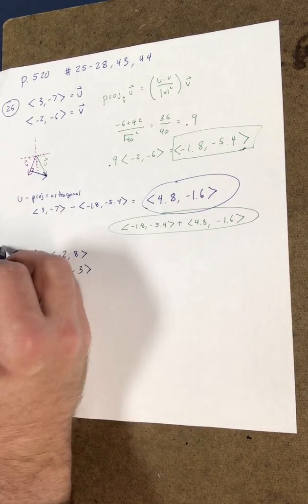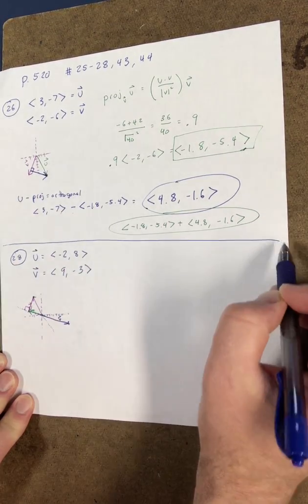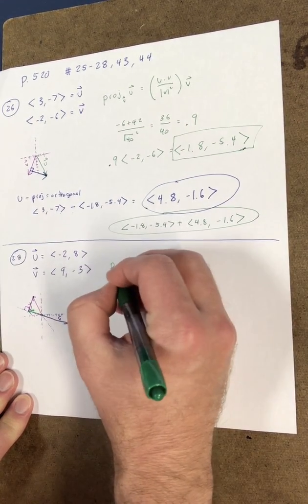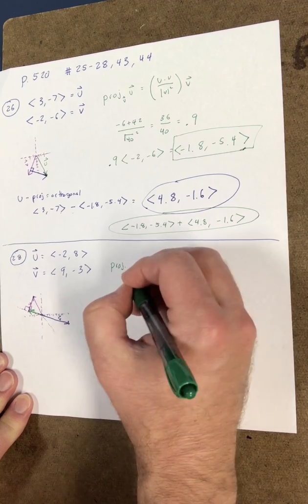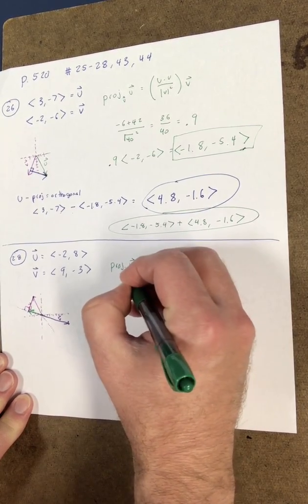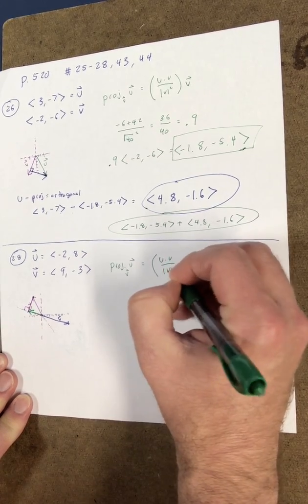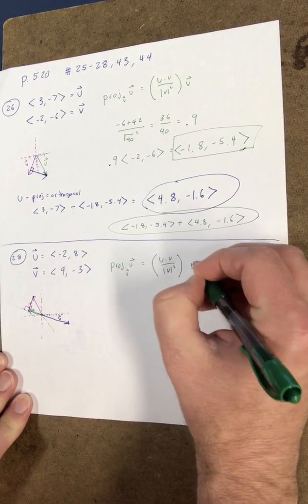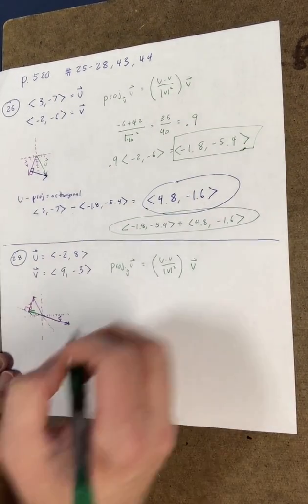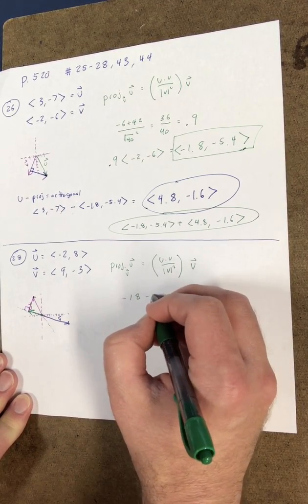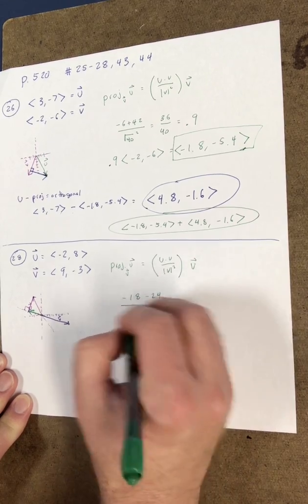Projection of u onto v is the dot product times v. U dot v is going to be negative 18 minus 24.